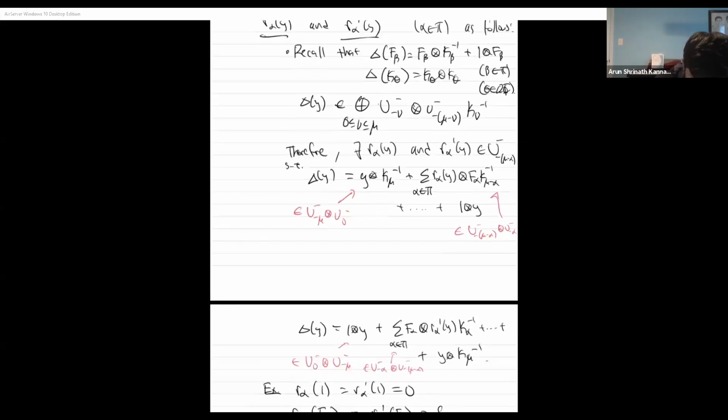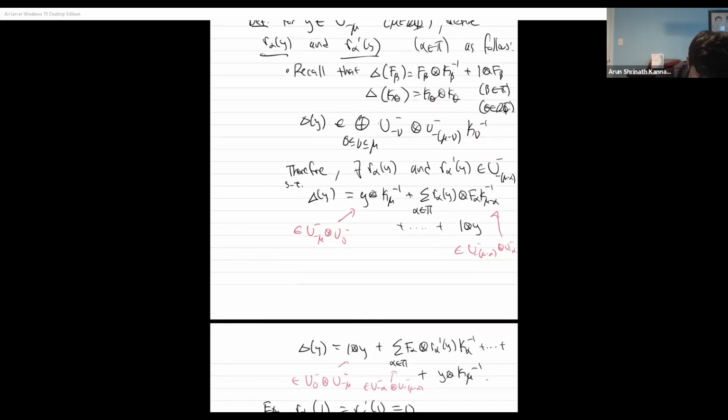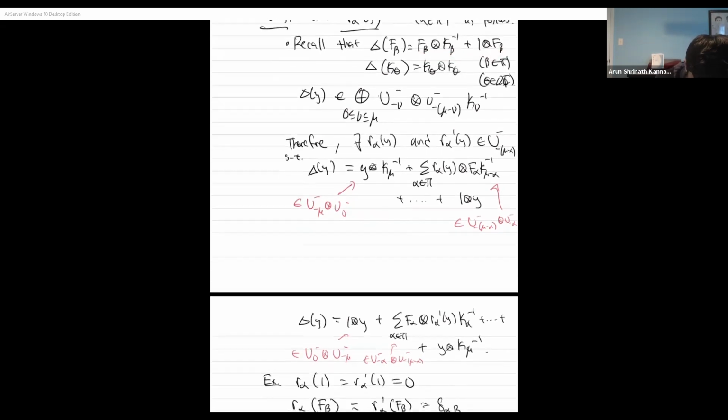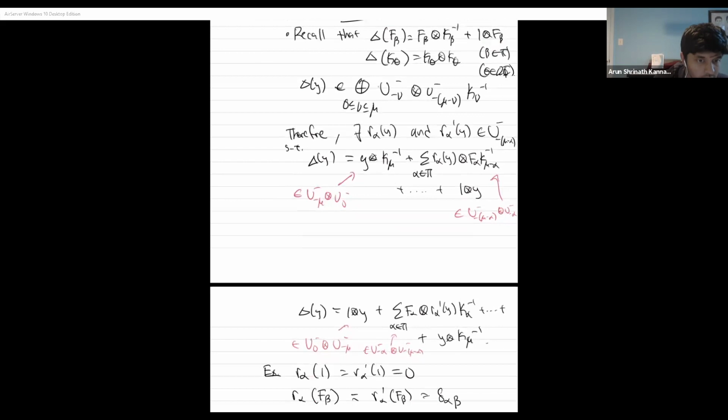So you're just looking at this term here, in this case or here, depending on which one. Essentially, we just want to give names to some terms in the expression of delta of y.